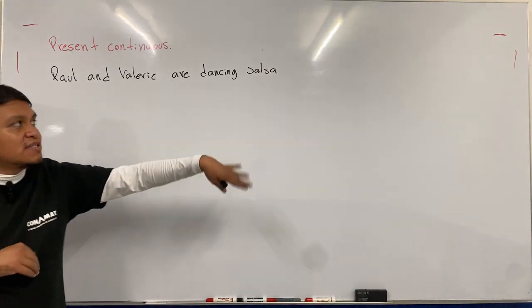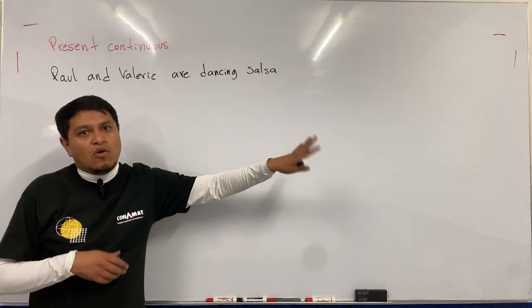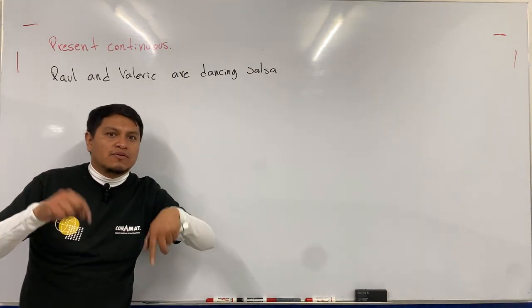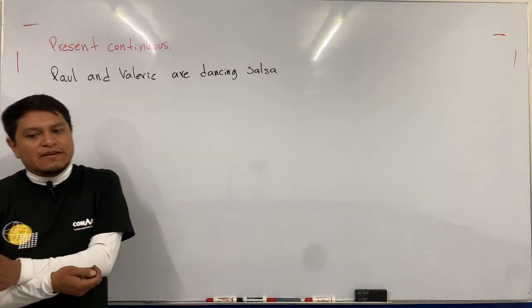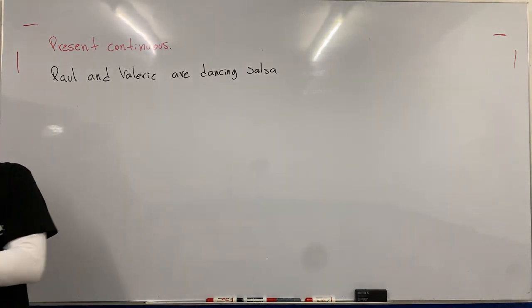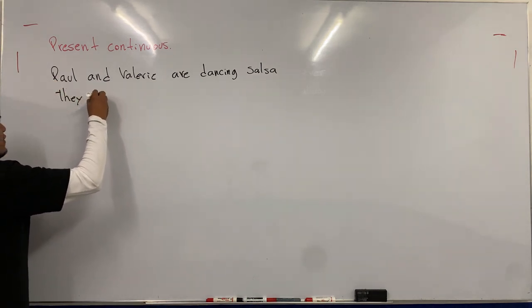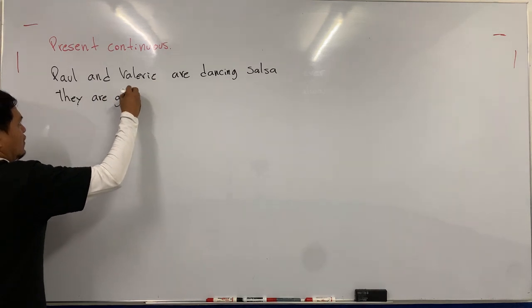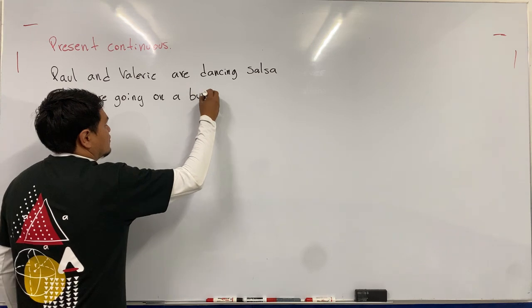I mean, in Spanish, Paul y Valerie están bailando salsa. ¿Cuándo? En este momento. Okay? Another example with this, they are going on a bus. Repeat. They are going on a bus. Right?